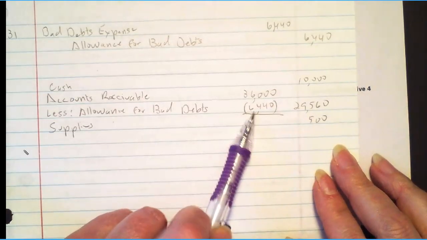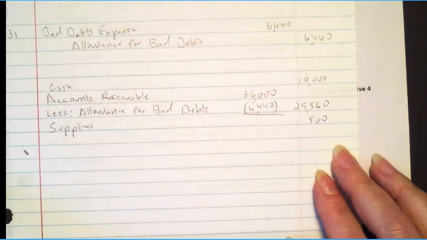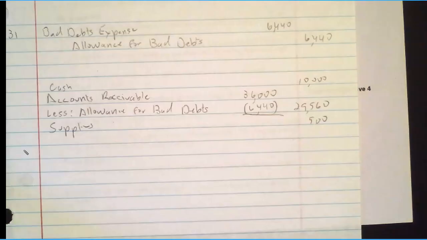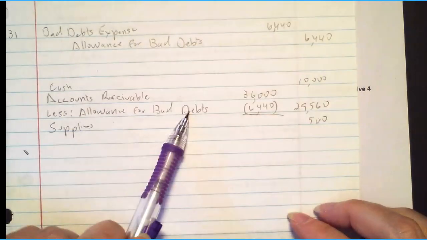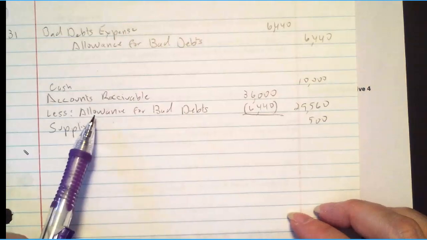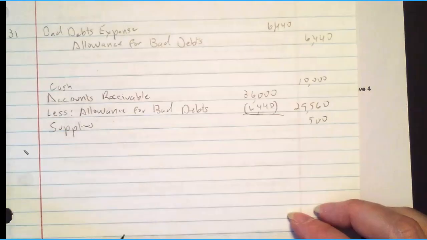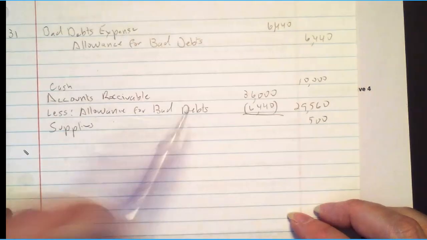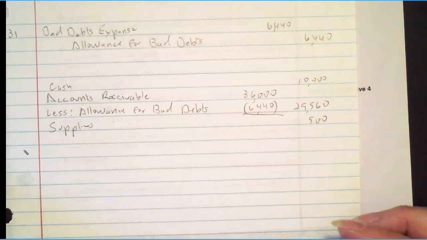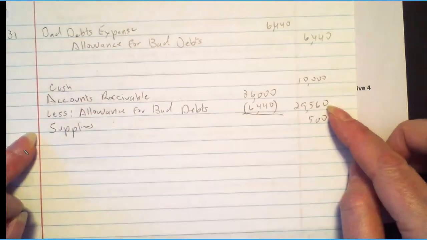It's attached to the allowance account. I like that when I learned this, this account was not called allowance for bad debt. It was called allowance for doubtful account receivable. And then oh, it's attached to account receivable. I don't know, they changed it. It's fine.